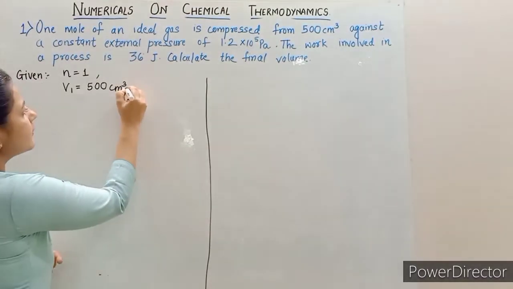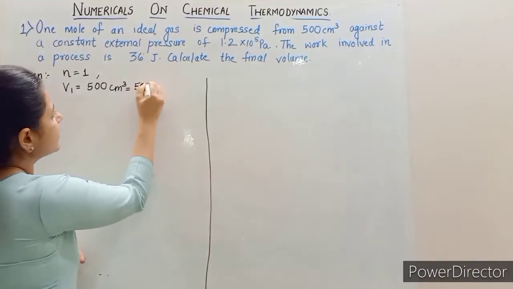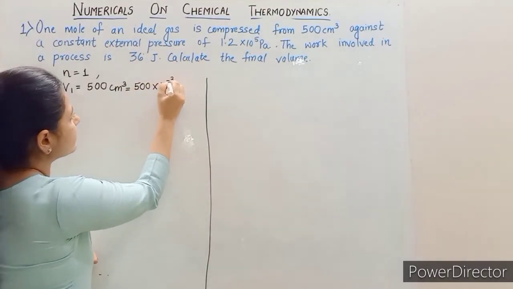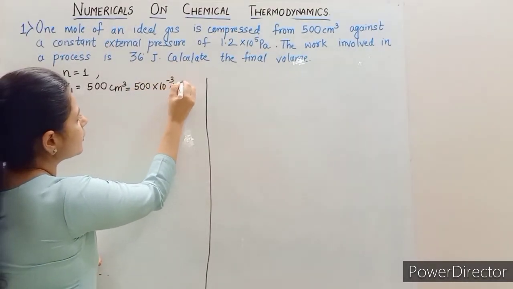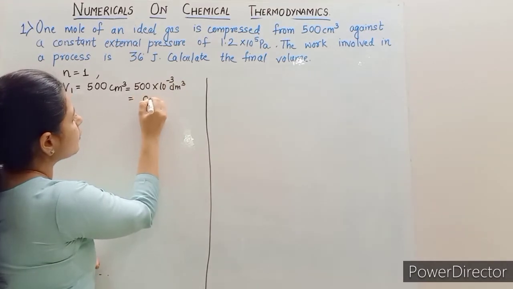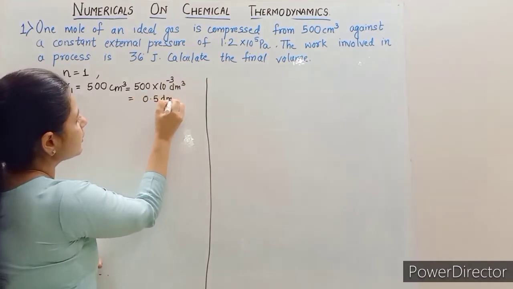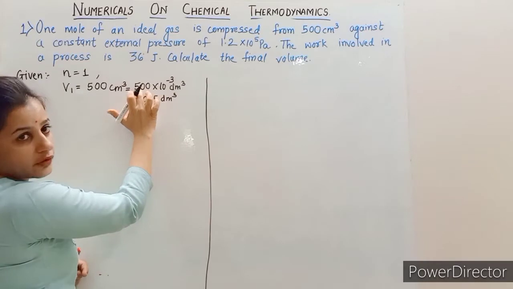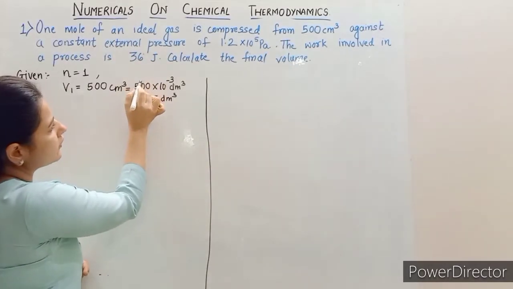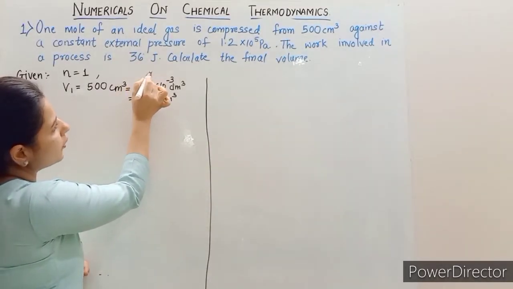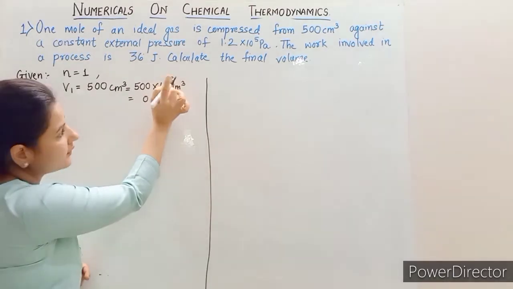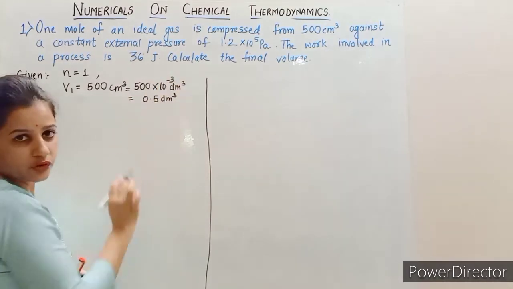So this becomes 500 into 10 raised to the power minus 3 decimeter cube, which is nothing but 0.5 decimeter cube. This can also be written as 5 into 10 raised to the power 2, and 2 minus 3 will be minus 1, so this is 0.5.